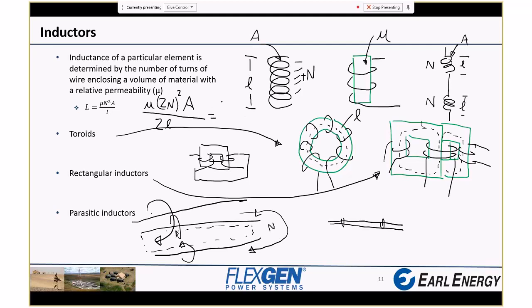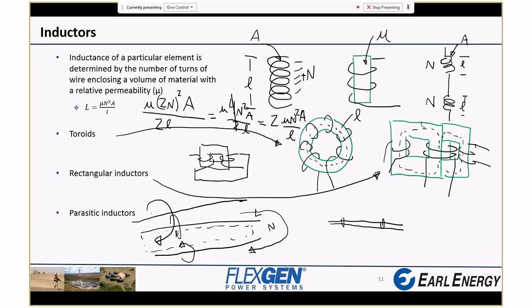So that would come out to mu 4 N squared A over 2L. You can imagine how 4 and 2 would cancel out to just give you 2 mu N squared A over L. So by connecting these two inductors in series, you got twice the inductance of just one.